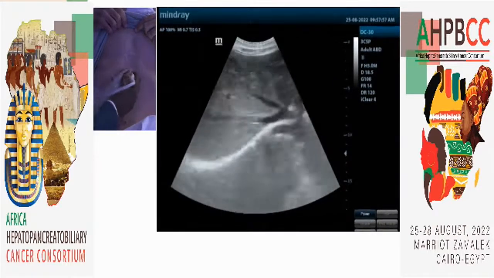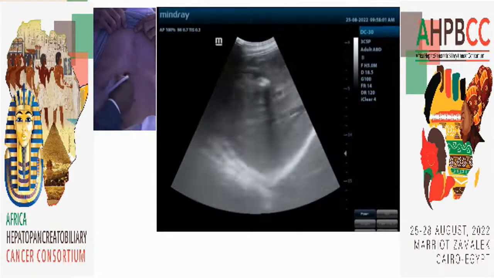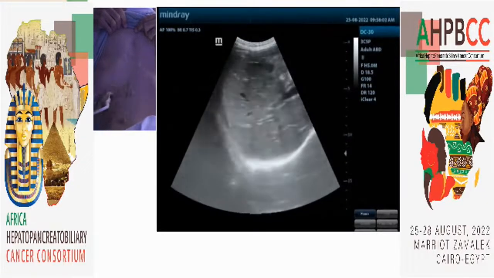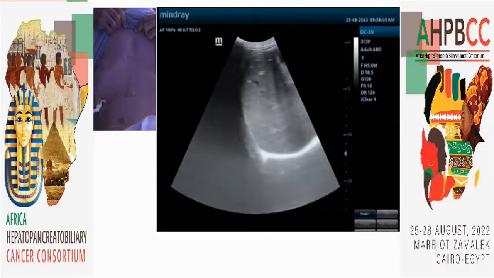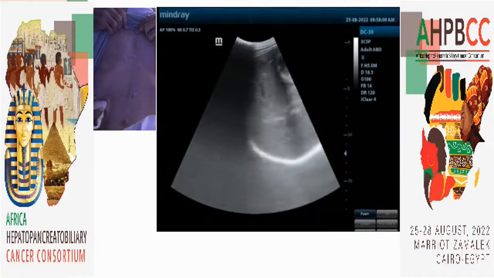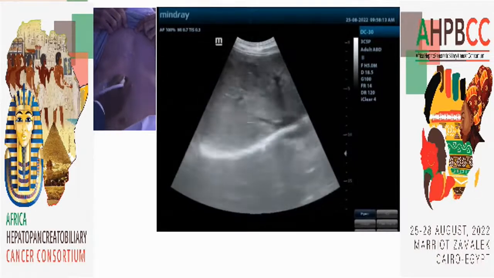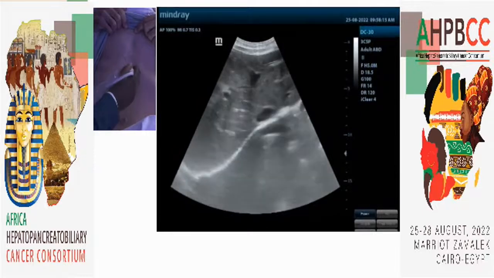So now you are screening every single segment in the liver, and especially the subcapsular areas in the right lobe, beside the vessels, the gallbladder, and according to the distribution of hepatic veins. Yes.